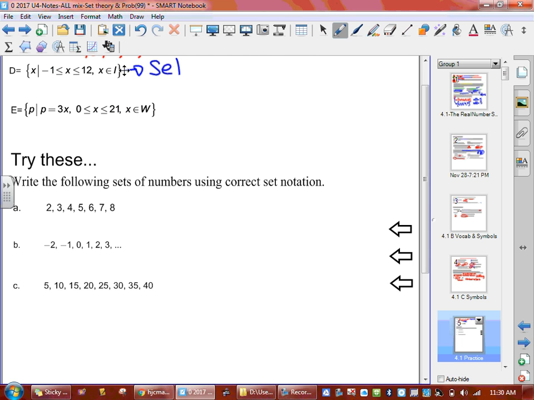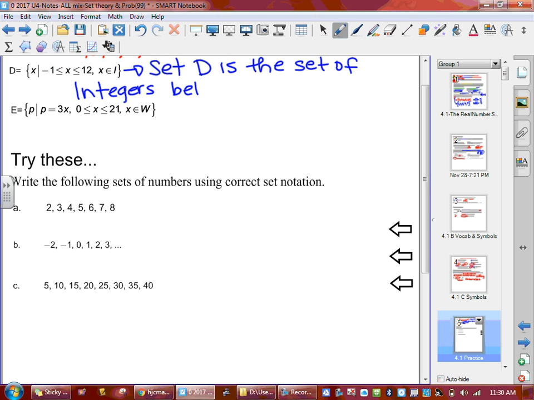Set D is the set of integers between -1 and 12 inclusive. So inclusive again means all the numbers in between -1 and 12.